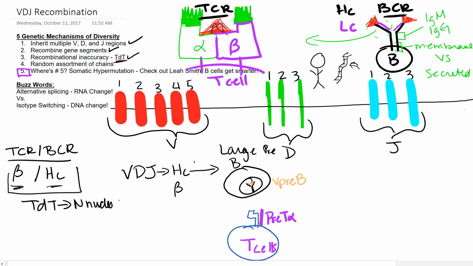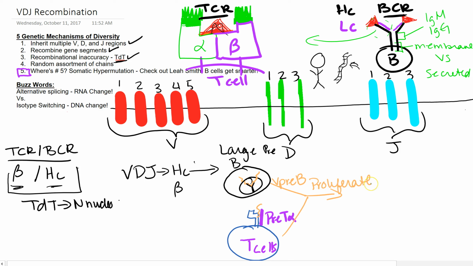Here's the great thing. How do we actually know that these chains that we made are good chains? Well, we're going to get a signal through these chains. And if it signals, it's going to tell the cells to proliferate and proliferate wildly.